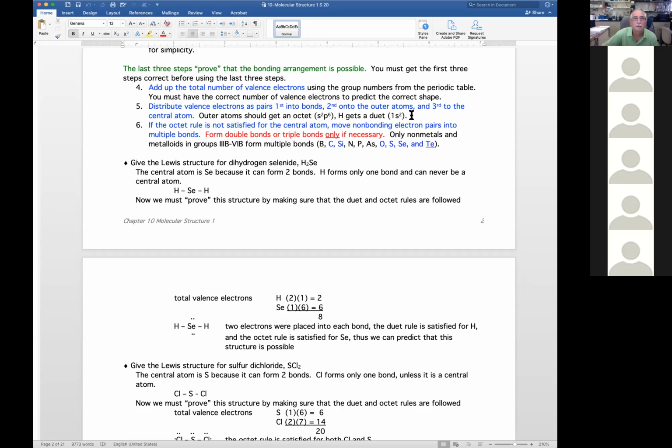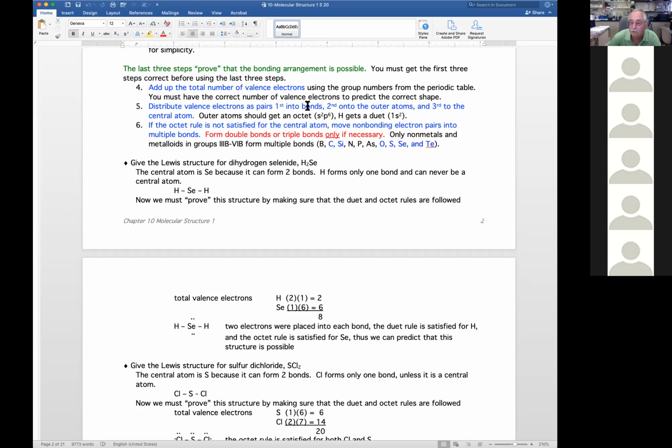Okay, so look at the strategy here. And I know you're not supposed to anthropomorphize when you're a scientist. I do it anyway because it works. Why do we put the valence electrons first into the bonds? Because you drew the line to show that they're connected there.